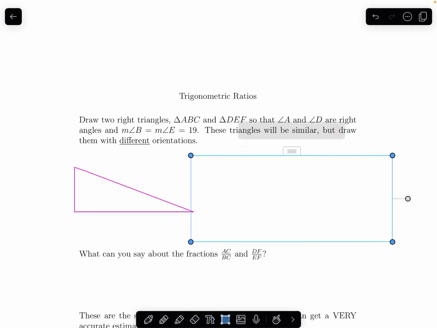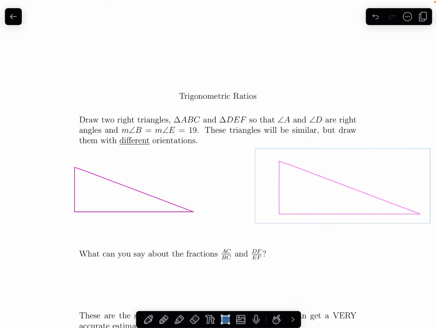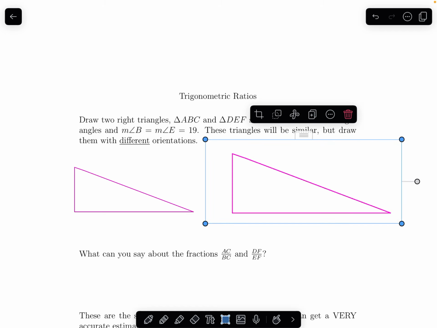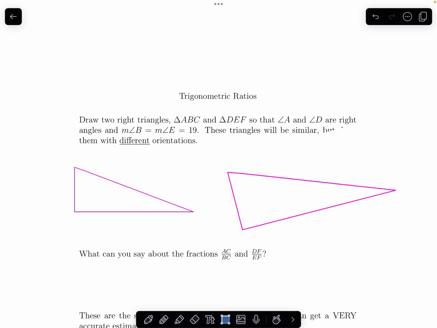So I'll make this bigger and I'll twist it a little bit. So right angle at A and D. And then here is B with 19 degrees, here is E with 19 degrees, and then C and F.